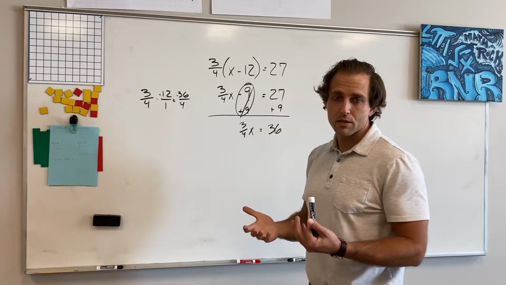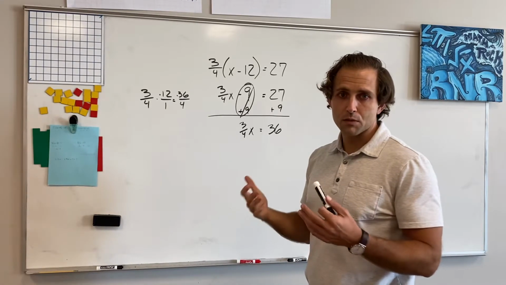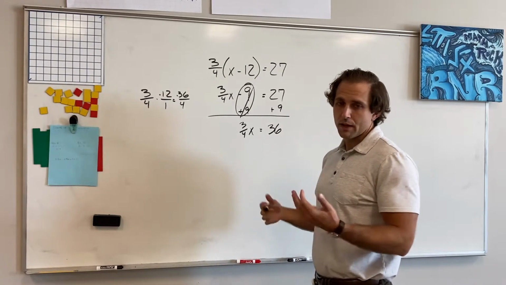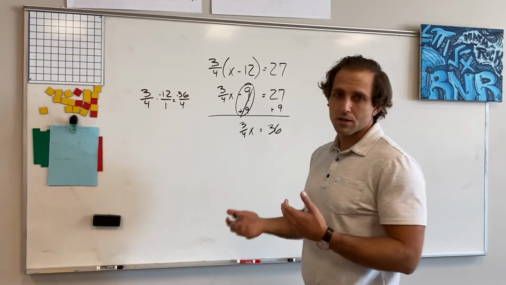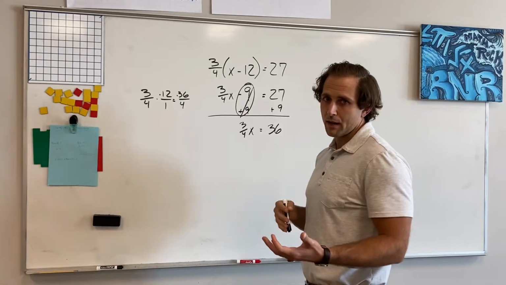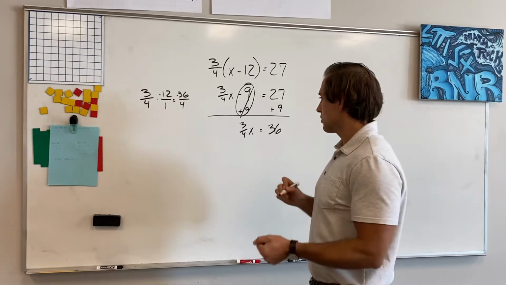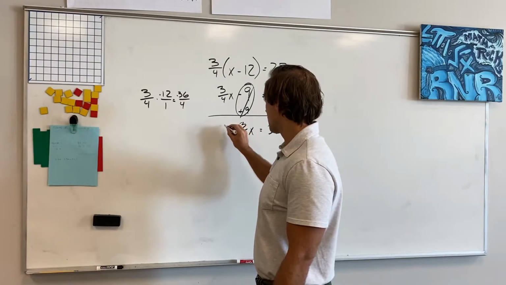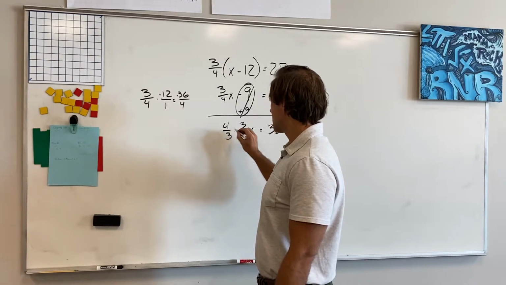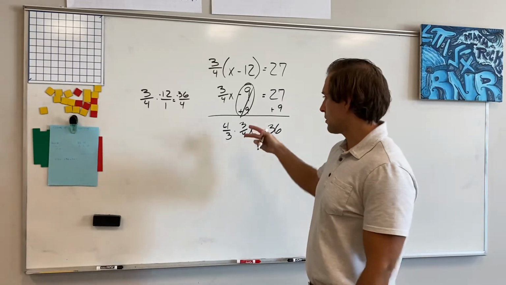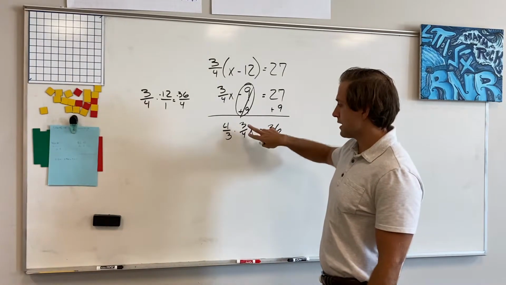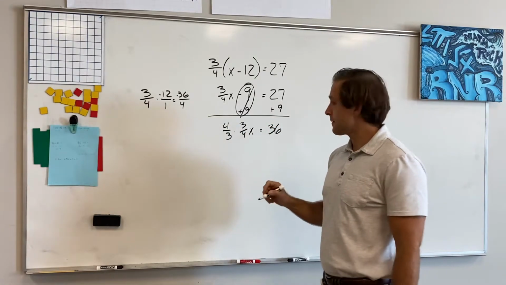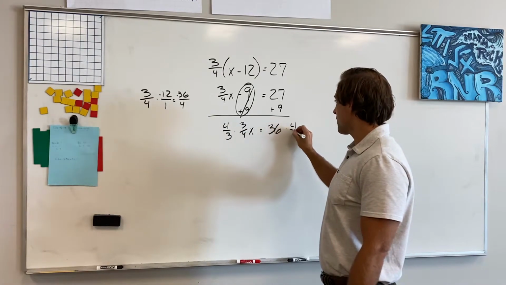Well, now we need to use our understanding of multiplicative inverse. Dividing by 3/4 is accurate, but it's easier to say that we would like to multiply by the reciprocal of 3/4. So multiplying by the reciprocal would be 4/3 times 3/4. The reciprocal being, if I take this fraction and invert it, I get 4/3. I'm going to do the same thing over here, multiply by 4/3.